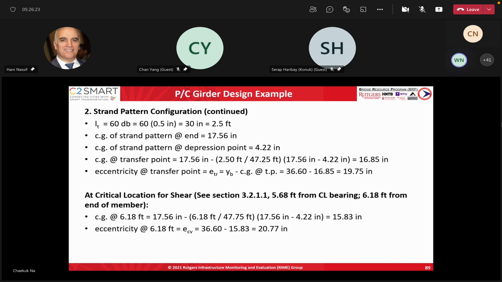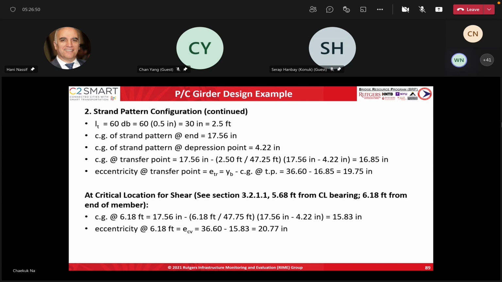What's meant by the transfer point is that from the end of the girder, it takes some distance for the strands to stress, similar to the development length in reinforced concrete, which is roughly equal to 60 db. And we can calculate the center of gravity there. It's not of significance, but this is what the example shows.